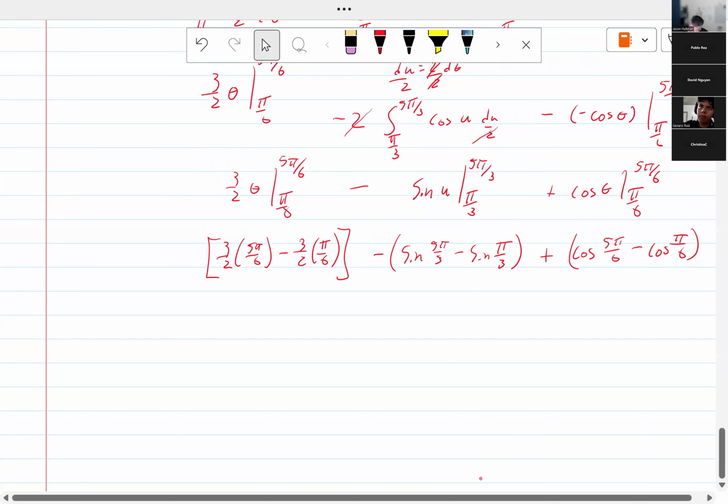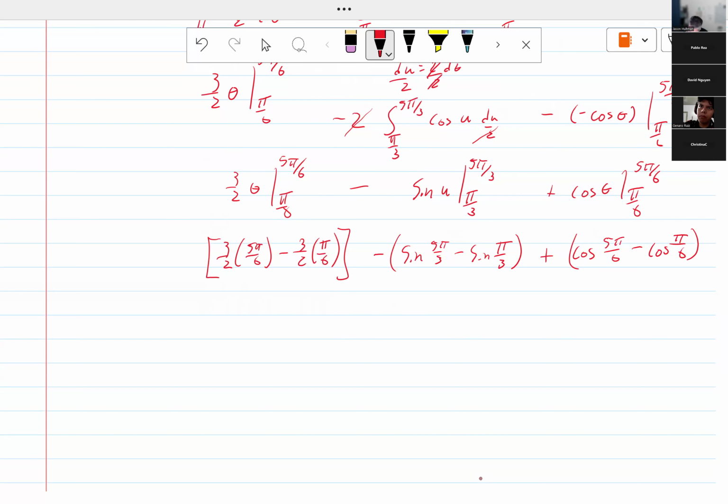So this is 15 over 12 minus 3 over 12, which is going to be 12 over 12. I guess I'll do that: 15 pi over 12 minus 3 pi over 12 is 12 pi over 12, which is pi.